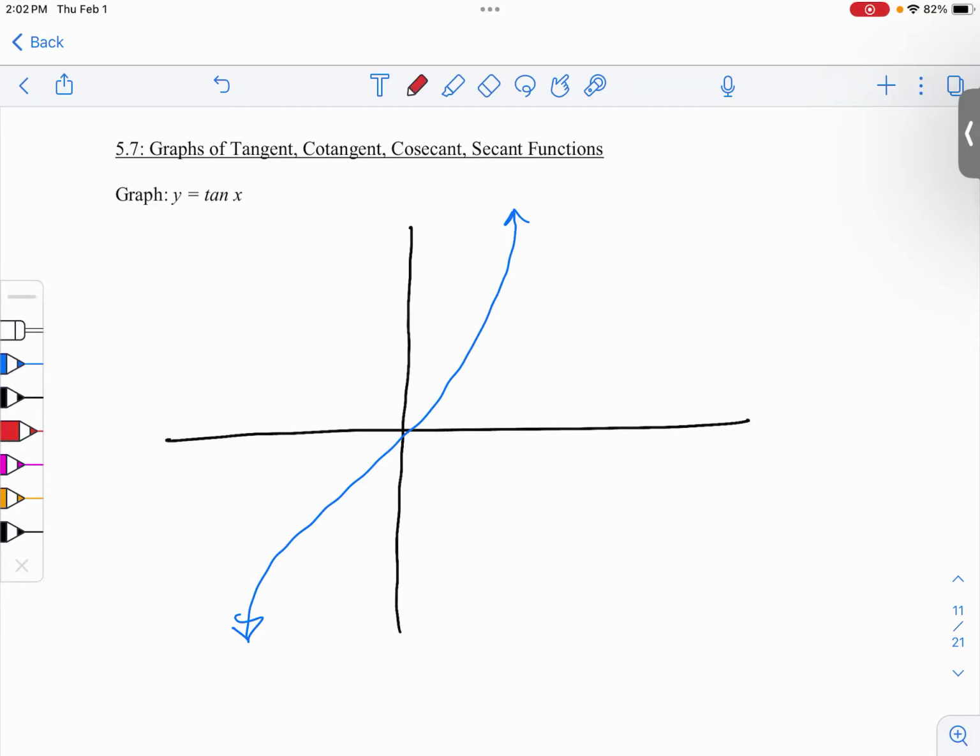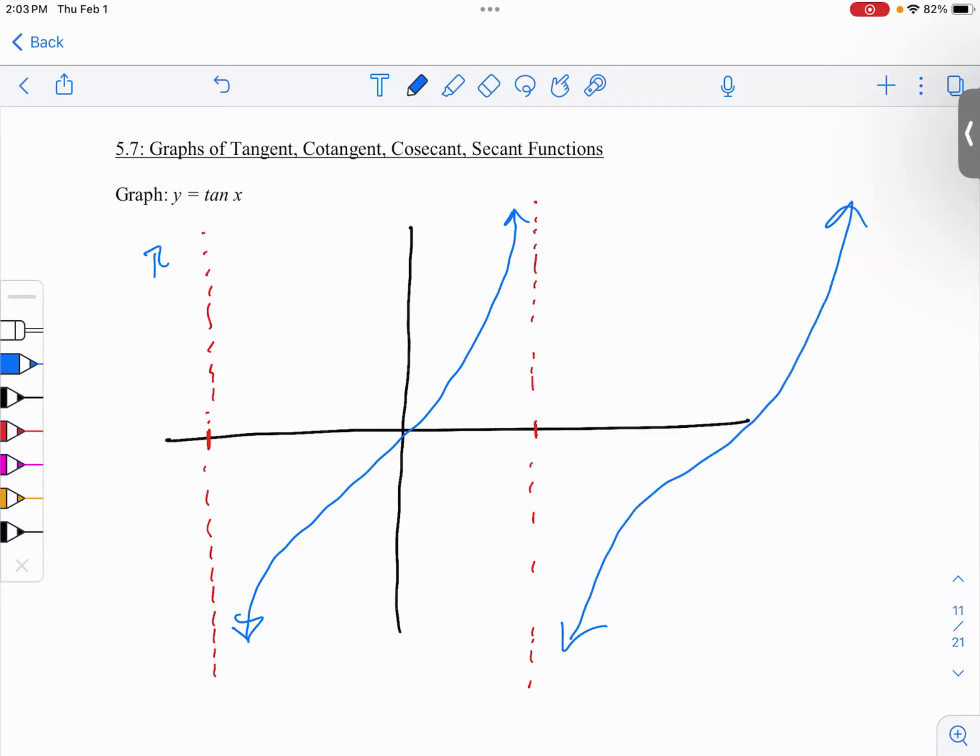The difference being, important points, it looks very similar on a small scale, but what a cubic does not have is an asymptote. As well, tangent is basically cubics periodically, because tangent repeats in both directions.